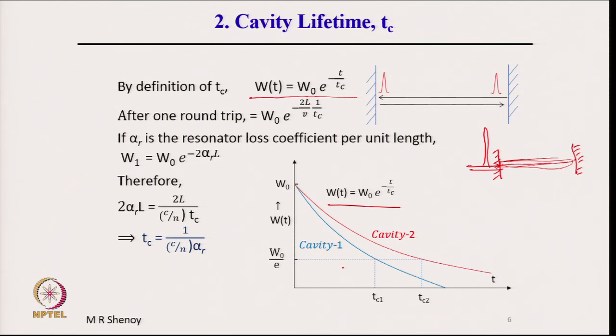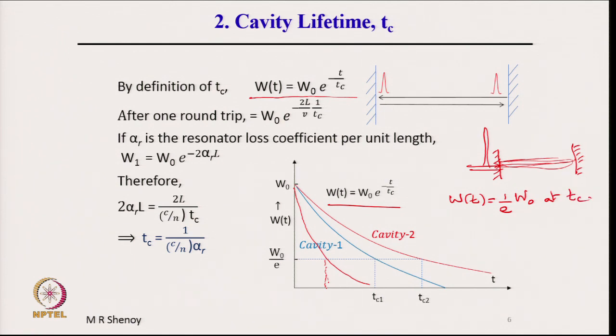Now, if a cavity is very lossy, the energy will get damped very rapidly like this, and in this case the cavity lifetime is here. So, cavity lifetime is the time taken for the energy to drop to 1 by e of its value. In this expression, if we put t equal to T c, that is the time at which the energy drops to 1 by e, so W of t is equal to 1 by e into W 0 at T c.